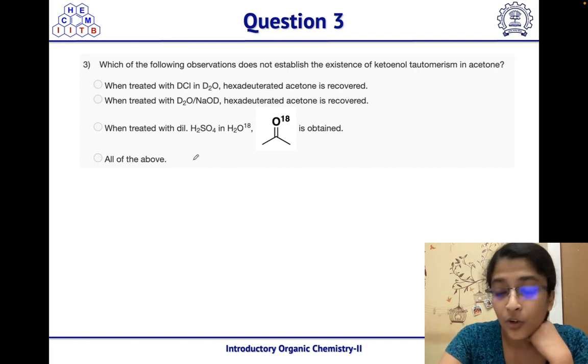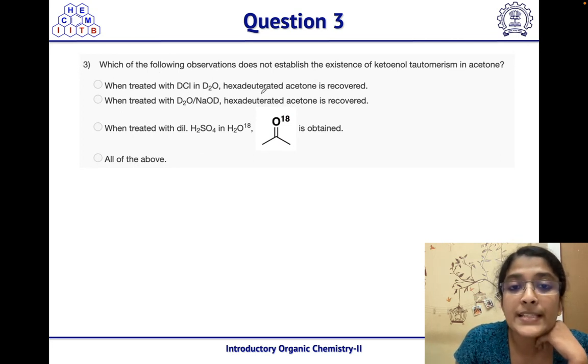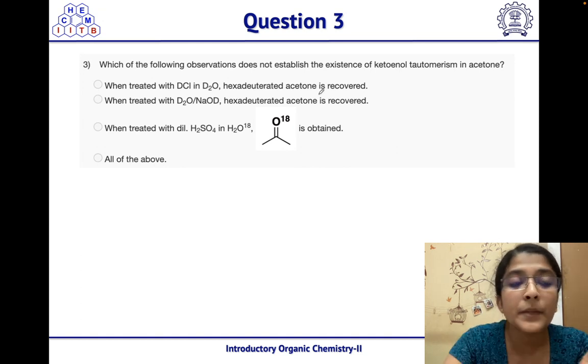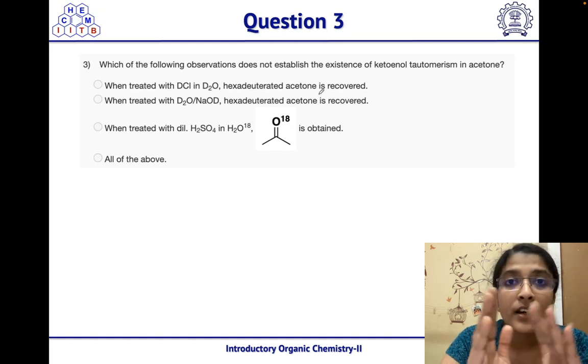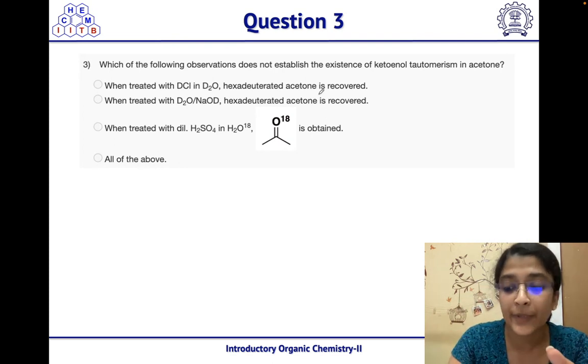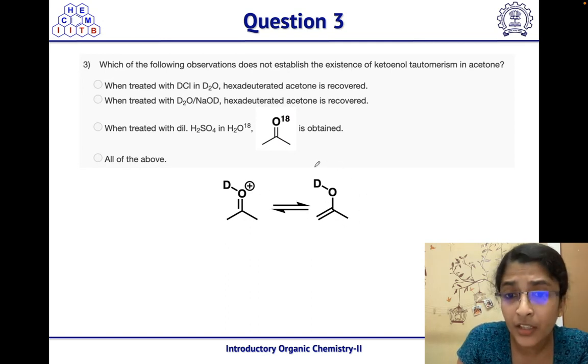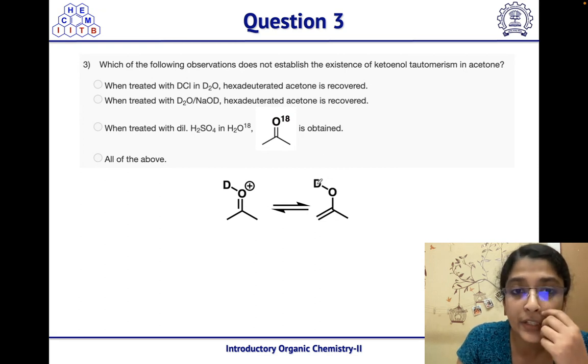So we can see the options one by one. When treated with DCl in D2O, hexadeuterated acetone is recovered. As we know, in the presence of acid, ketone and enol form will be in equilibrium, as we can see here. This ketone can coordinate with deuterium, and it can result in formation of this enol form, where hydrogen is substituted with deuterium.